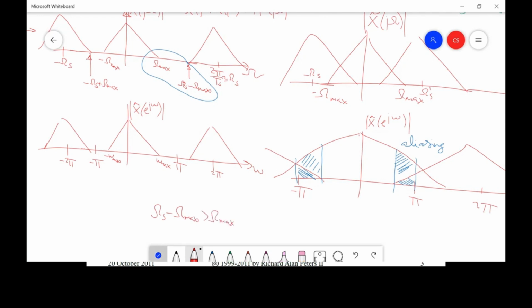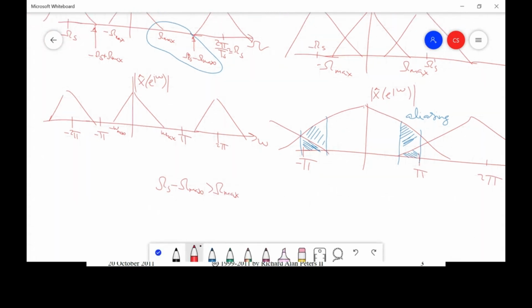Which is the same as omega s being larger than twice omega max. And you may recognize this. What is that? It has a name. Nyquist. Yeah. So this is the Nyquist condition.